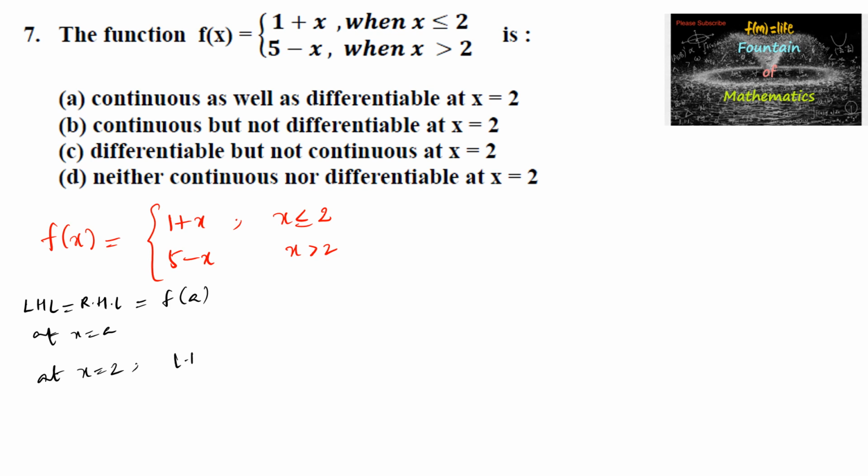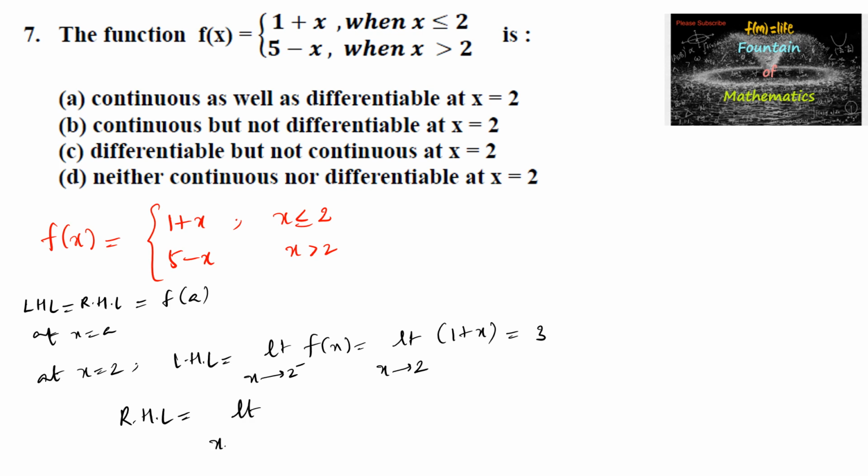left hand limit is equal to limit x tends to 2 minus f of x, which is limit x tends to 2. We have to consider 1 plus x function because it is below 2. So 1 plus 2 is 3. Similarly, right hand limit is equal to limit x tends to 2 plus f of x.